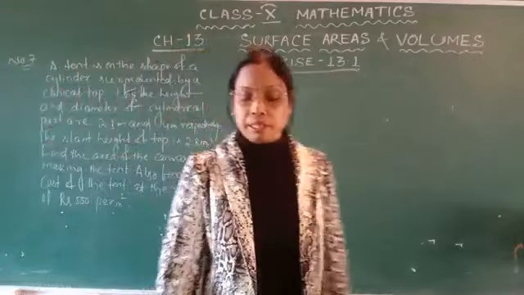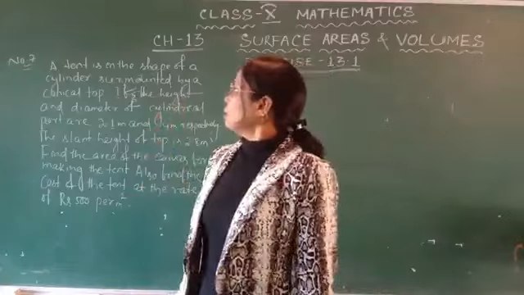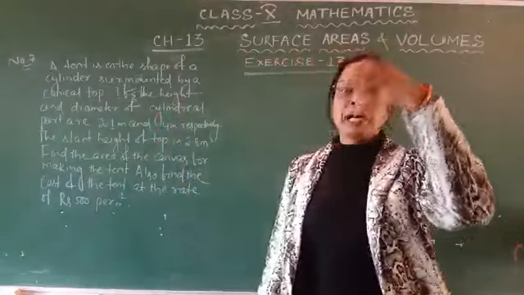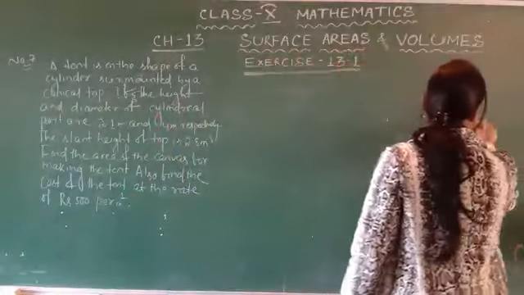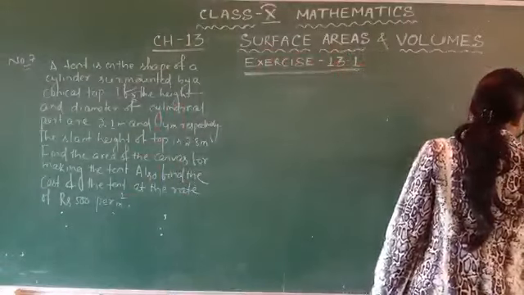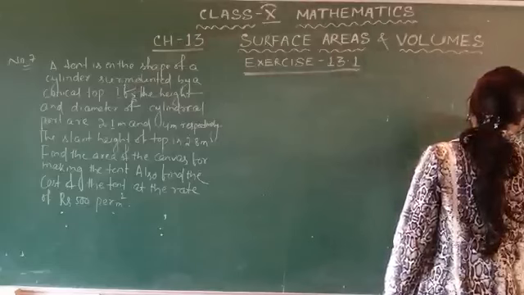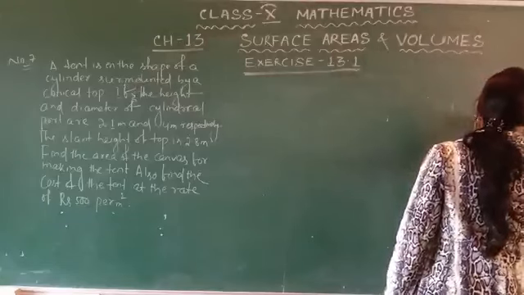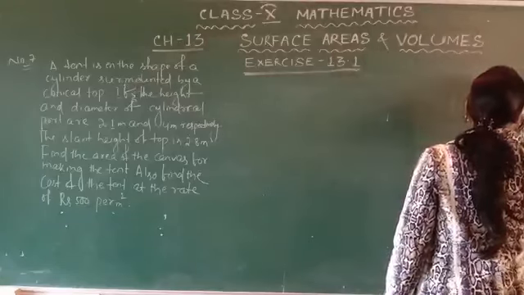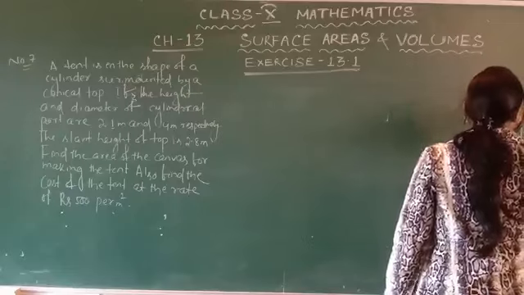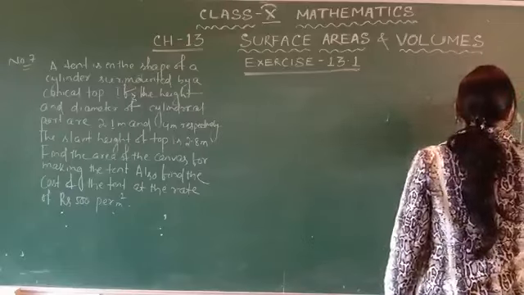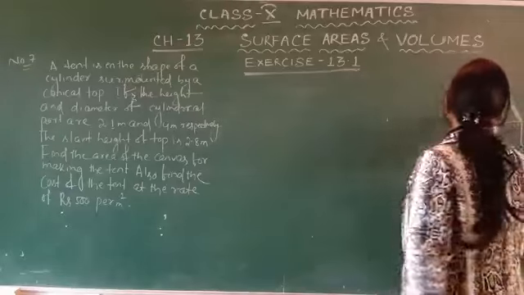Now a tent is in the shape of a cylinder surmounted by a conical shape. So this is a tent which is in the shape of a cylinder and surmounted by the shape of a cone.